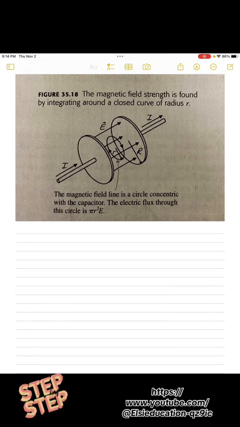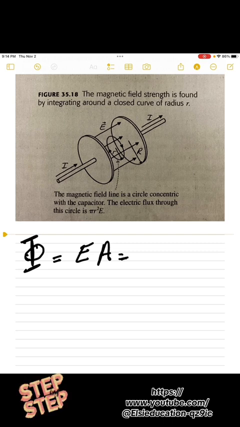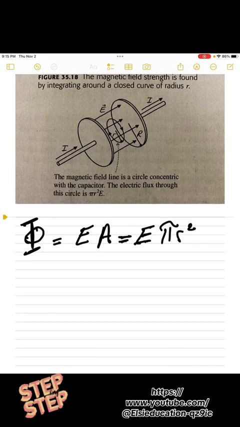First things first, we know the electric flux is equal to the electric field times the area, which is πr². This is the first step.